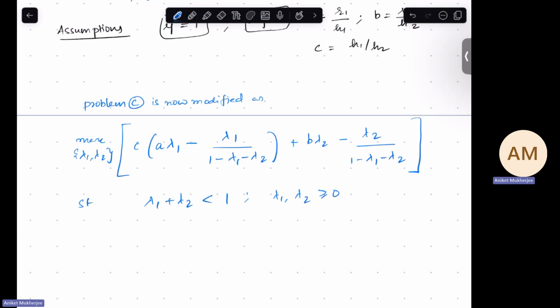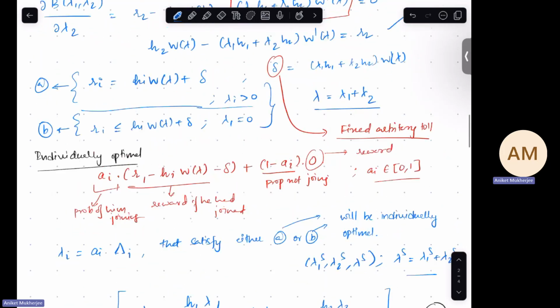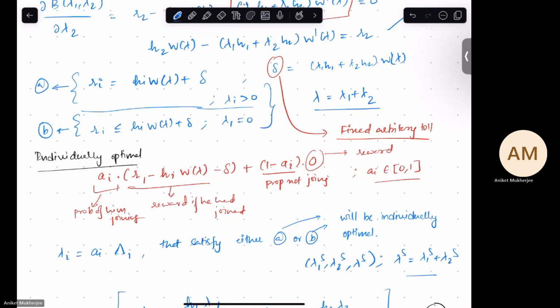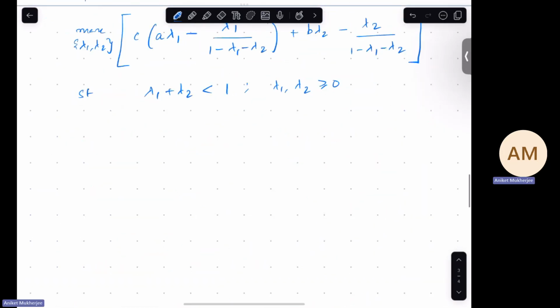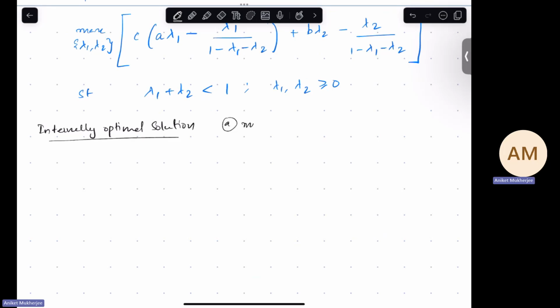Okay. So for an interior optimal solution, these two conditions must be satisfied.